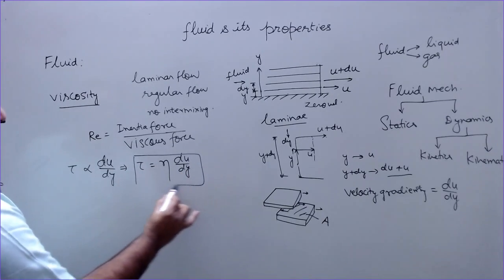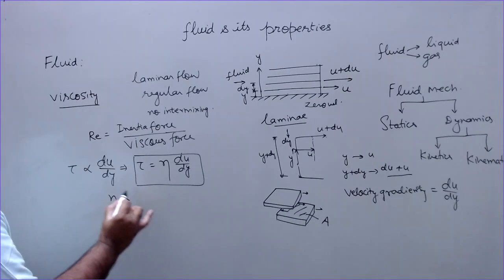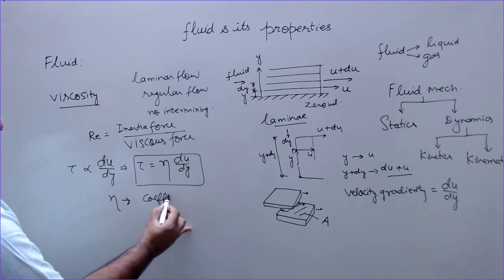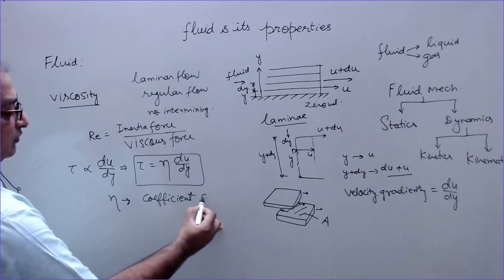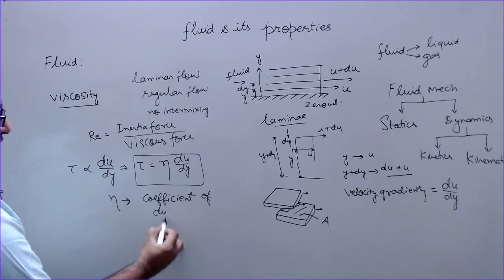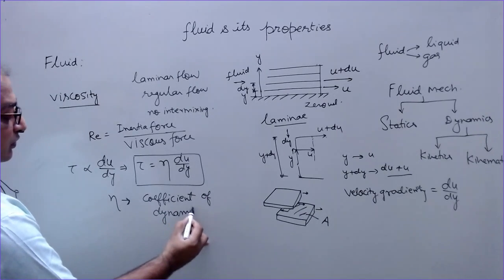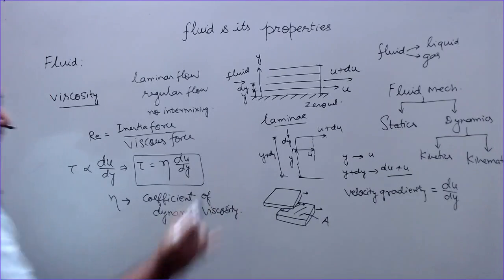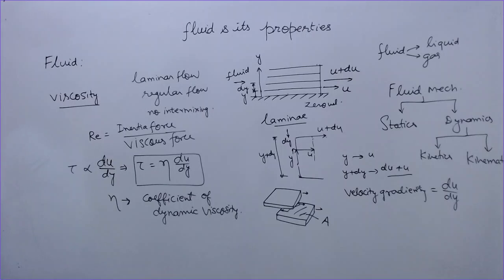where eta is called viscosity, coefficient of viscosity, dynamic viscosity. This is called coefficient of dynamic viscosity.